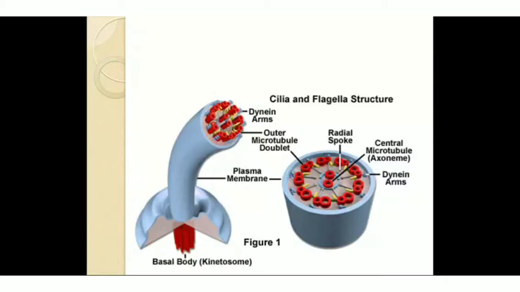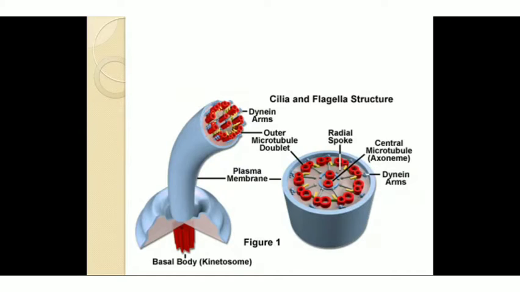So it shows the 9 plus 2 arrangement, because 9 fibrils are at the periphery and 2 fibrils are at the center.